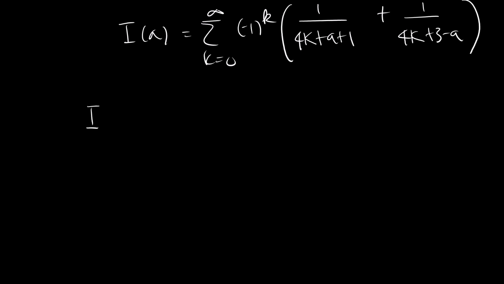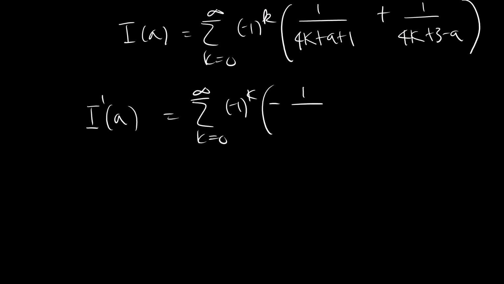Now, to differentiate that with respect to a, we get negative 1 over 4k plus a plus 1 squared plus, because this minus here cancels the minus, we have plus 1 over 4k plus 3 minus a squared.